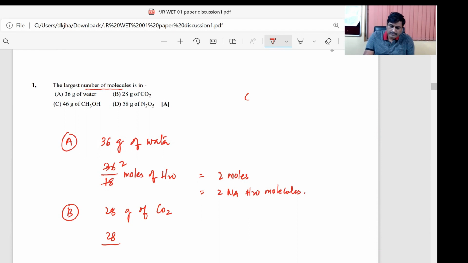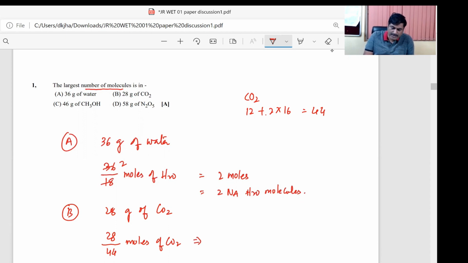CO2 is 12 plus 2 into 16, 32 plus 12 is equal to 44. So 28 divided by 44 is the number of moles of CO2.